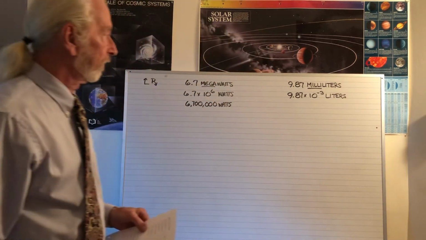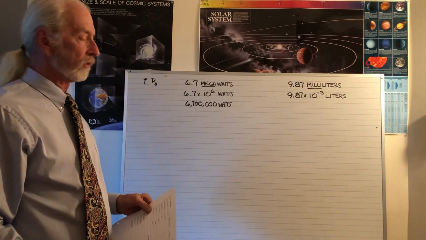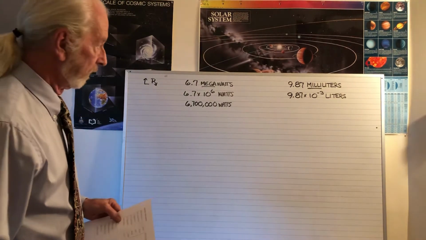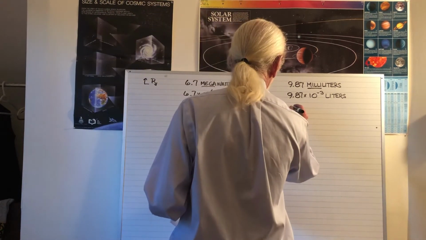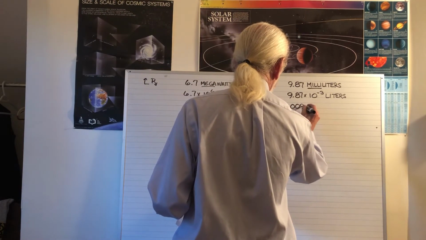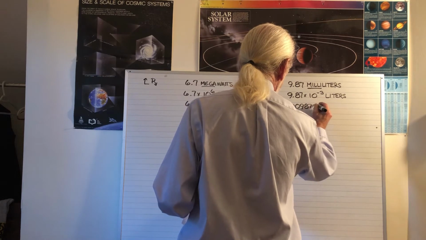Going to standard notation, 10 to the 0, negative 3 to a 0. My exponent goes up, decimal point goes left, 3 places, 0.00987 liters.